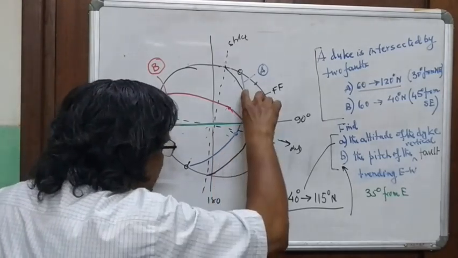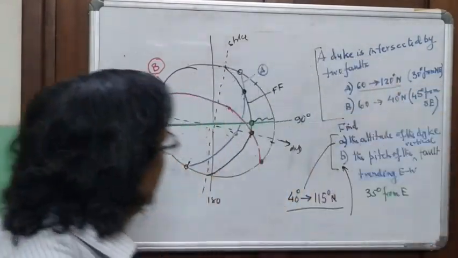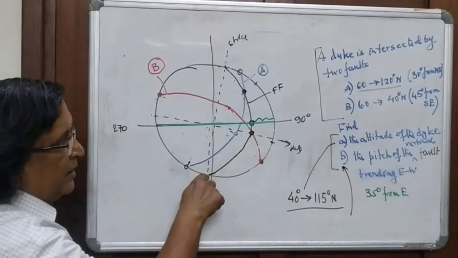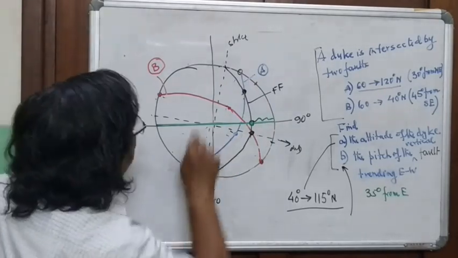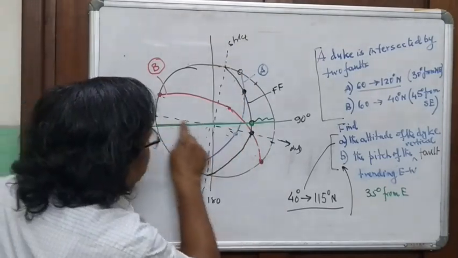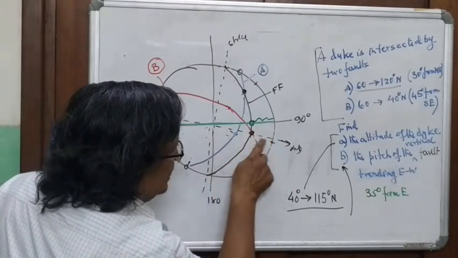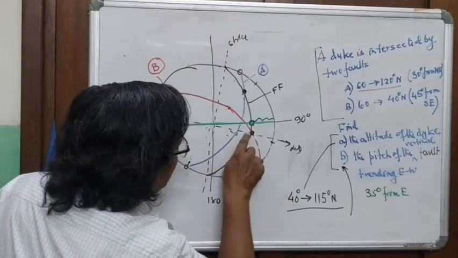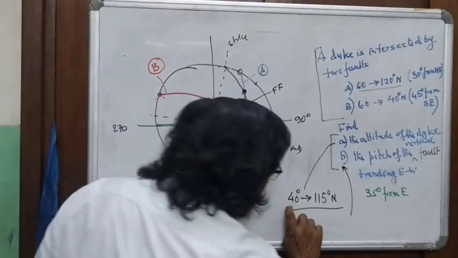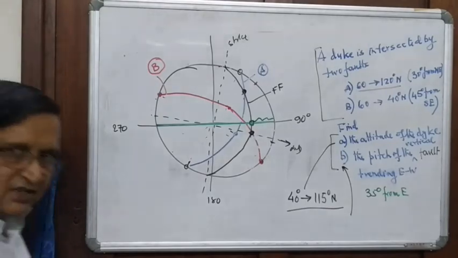So now you have two points that both lie on the dike, and therefore I draw a great circle which fits them. These two points give me the strike line, and perpendicular to it is the dip line. When I do this, I find it is relatively 40 degrees towards 115 degrees north. I may be a little wrong, but that does not matter. The idea is important. What did I do next?